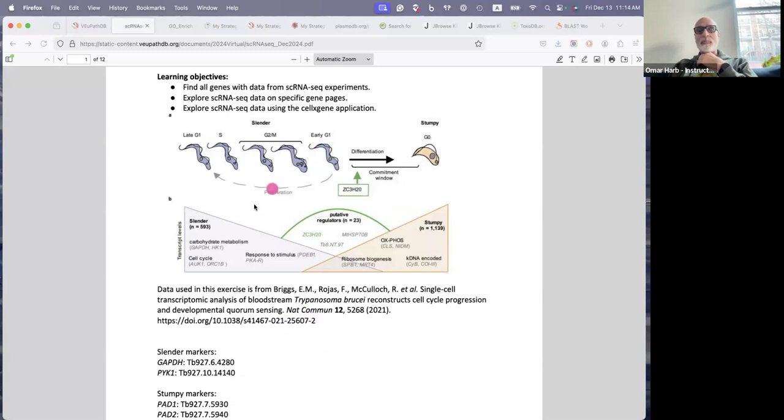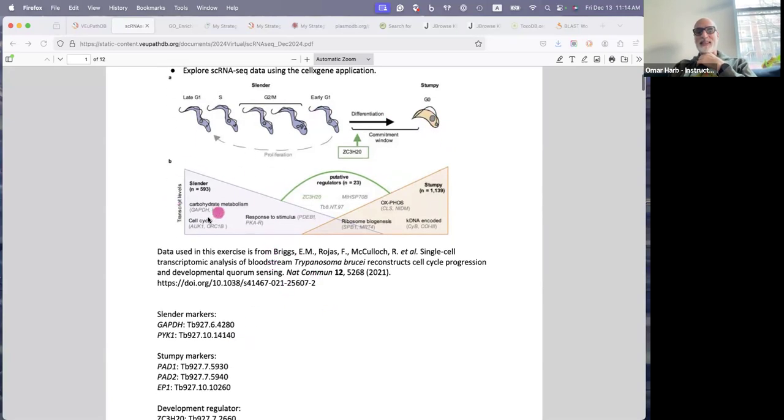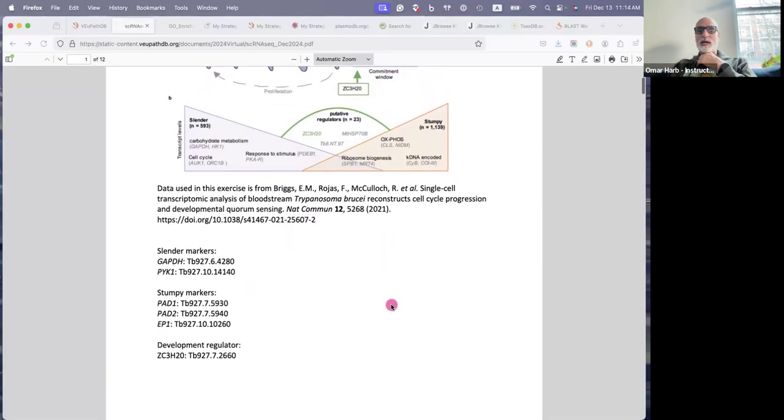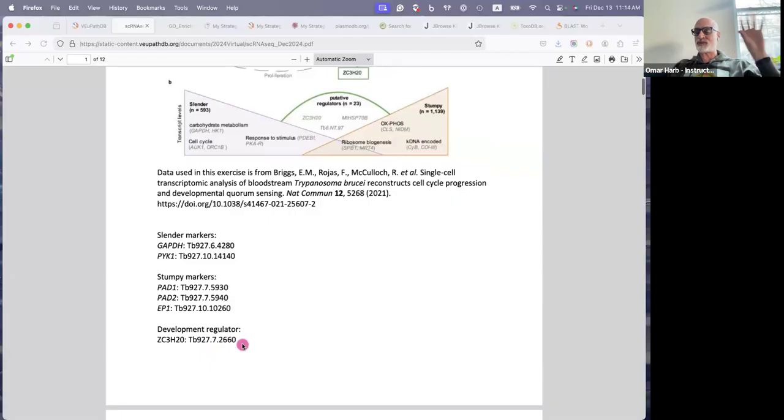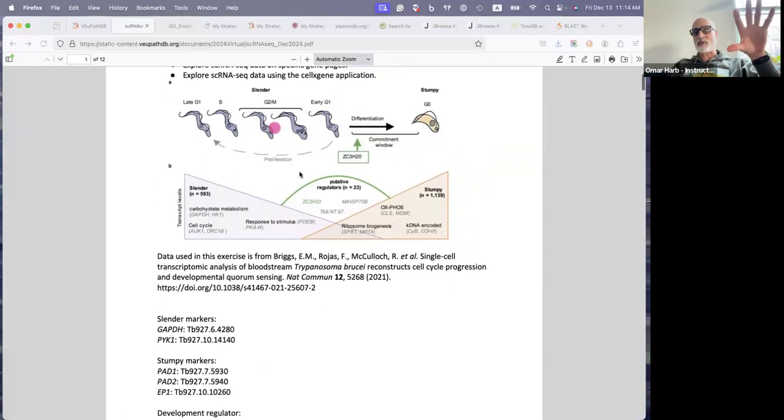And so in this experiment, they did single cell on the differentiation cycle, and they were able to tease out a potential development regulator, which is listed here, the gene ID. The second part of this exercise, which we listed as optional because I don't think we're going to be able to get through it today, but this experiment was two parts.